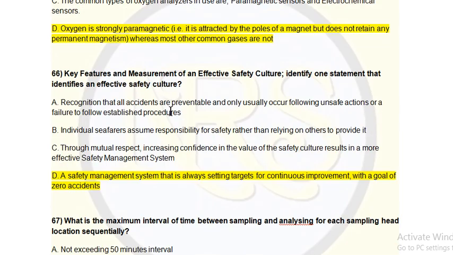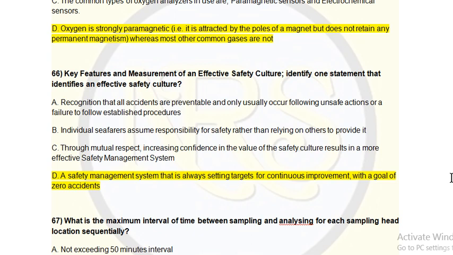Question number 66. Key features and measurement of an effective safety culture. Identify one statement that identifies an effective safety culture. Option A. Recognition that all accidents are preventable and only usually occur following unsafe actions or a failure to follow established procedures.